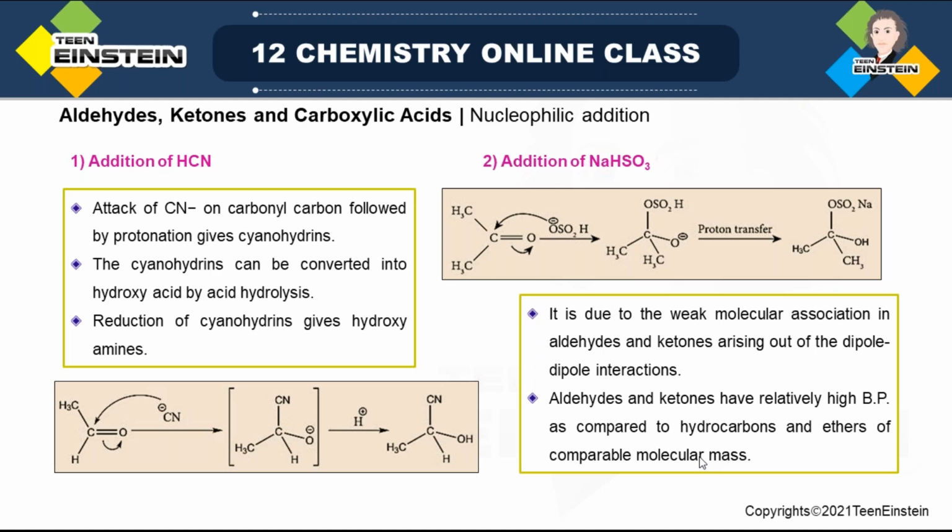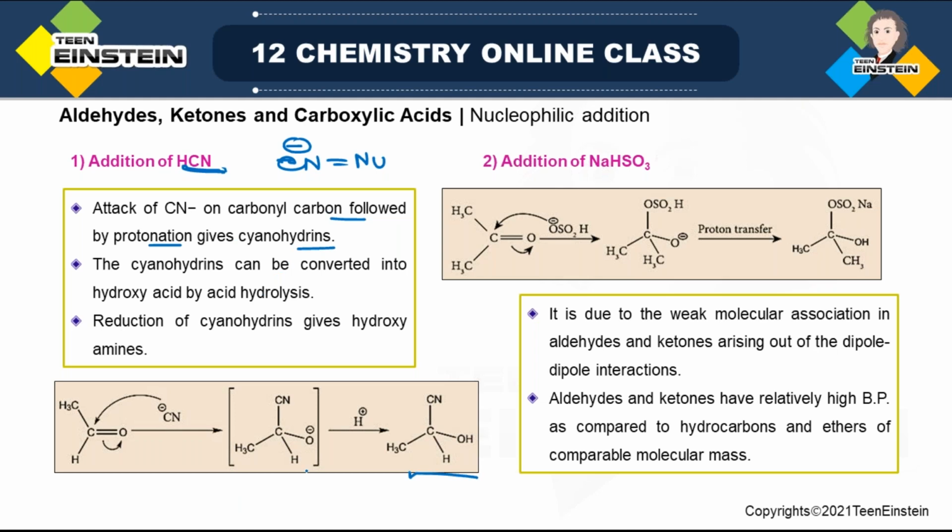So now there will be different examples of nucleophilic addition. The first reaction that we are going to see is addition of HCN. Here the actual nucleophile is CN minus. Attack of CN minus on the carbonyl carbon, followed by protonation, gives cyanohydrin.